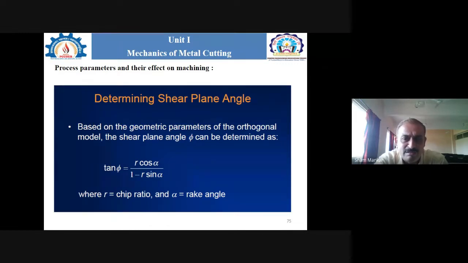Okay, so if we consider the current slide number 75, it is mentioned that the shear plane angle is denoted by phi. Taking into consideration the geometric parameters of a single point cutting tool or a multi-point cutting tool, we can easily calculate the shear plane angle using the formula tan phi is equal to r cos alpha divided by 1 minus r sine alpha. Here phi is the shear plane angle, r is the chip thickness ratio, the small r, and alpha is the rake angle.